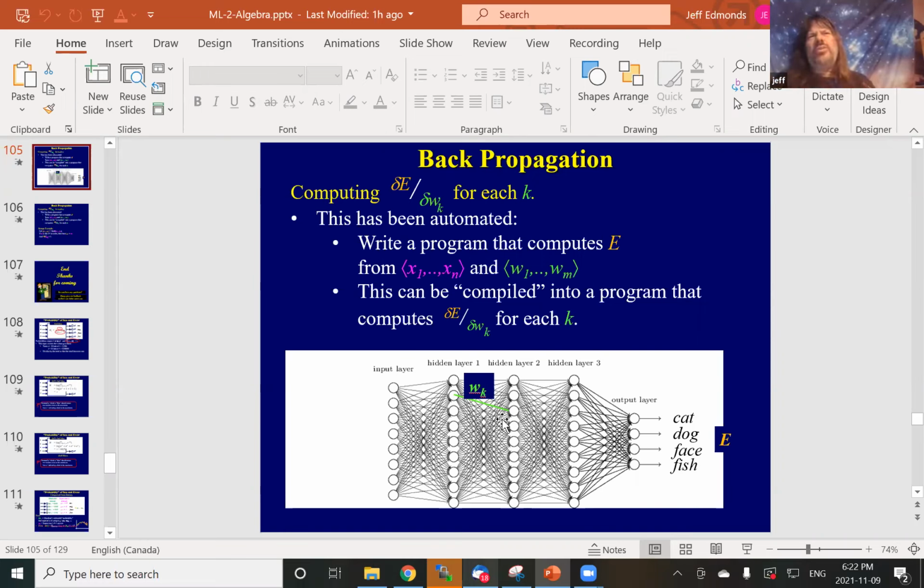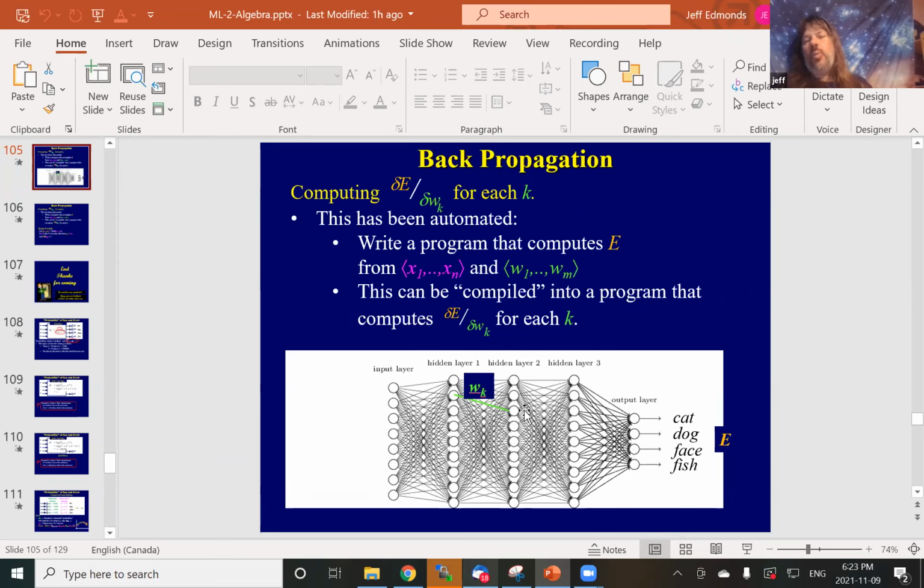I think there's a mistake in what you said. You said what we do is change each weight one at a time without changing the others, and then you said that's impossible. No, it's not. That's exactly what we do, right? Really what we're doing is, given our current weights, we compute the error.